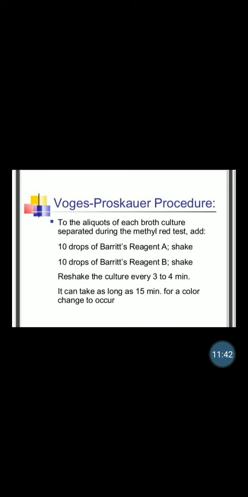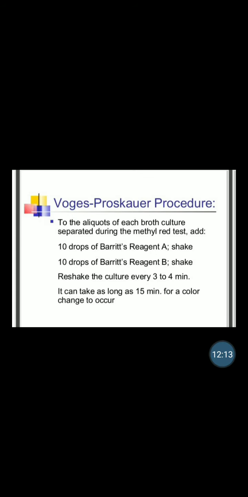Next, in this test, to the aliquots of each broth culture separated during the methyl red test, add 10 drops of Barritt's reagent A, then shake, then 10 drops of Barritt's reagent B, then shake, then reshake the culture every 3 to 4 minutes.